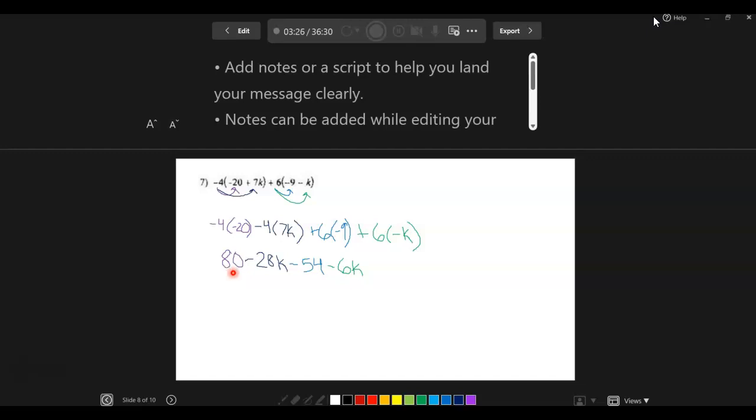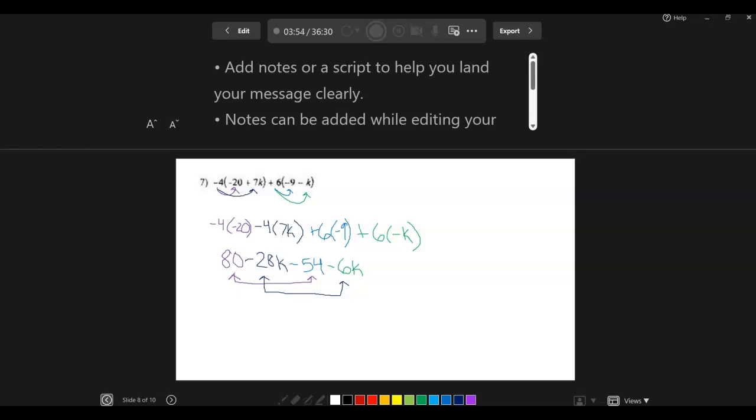You're all broke afterwards. 80 and 54 would be our 2 like terms, and negative 28k and negative 6k. So we're going to combine our k's and we're going to combine our numbers.